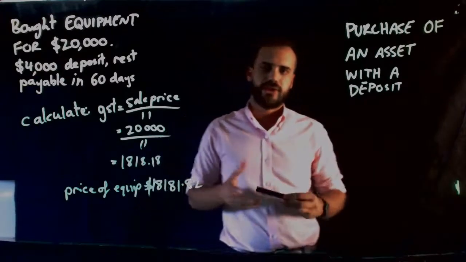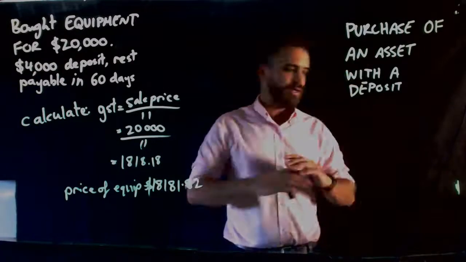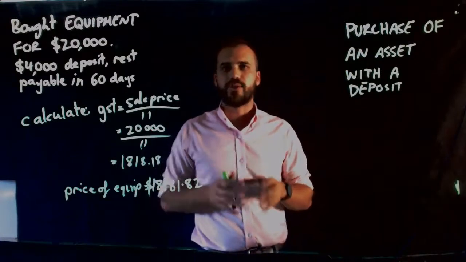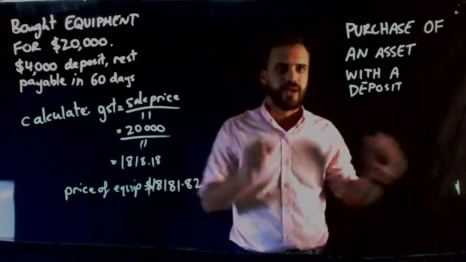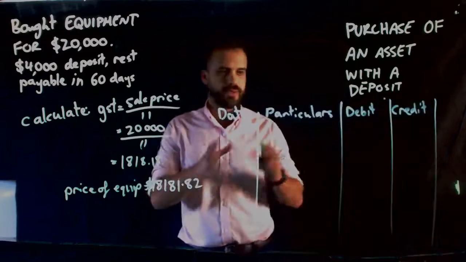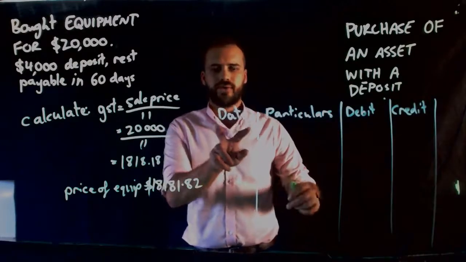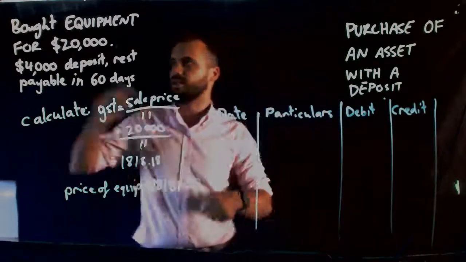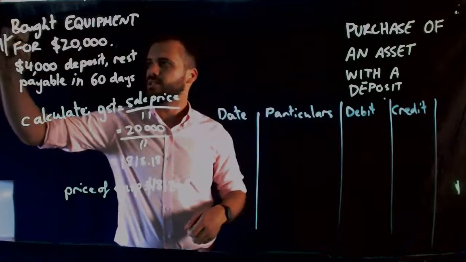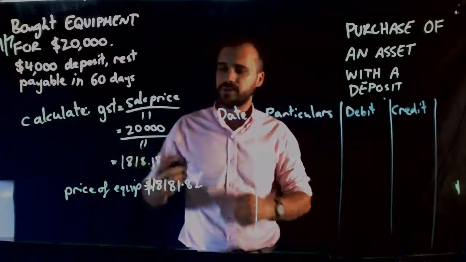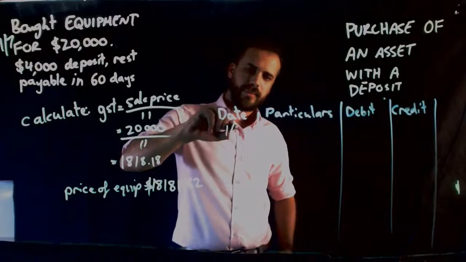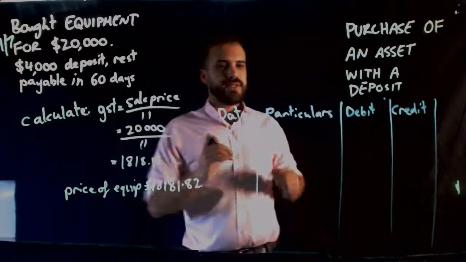Let's not confuse matters. Let's do our general journal and see how we go. First column, date. Silly, I didn't put a date on here, but let's use the same date we always seem to use in these examples, the 1st of the 7th. Now, particulars.